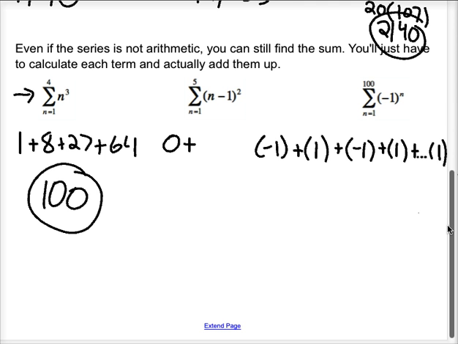All right, so let's take a look at this. Now here, you may be thinking, how am I supposed to do this? I'm not calculating 100 terms to add them all up. This is ridiculous. But there is a fun little pattern here. So look at this. Negative 1 plus 1 is 0. Negative 1 plus 1 is 0.